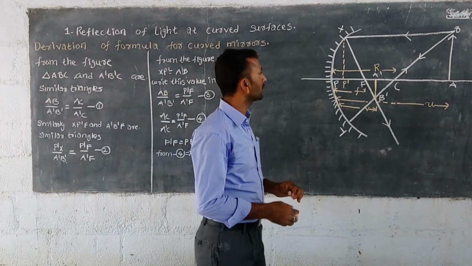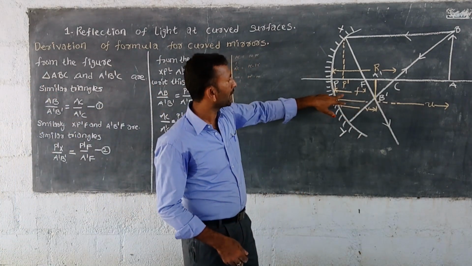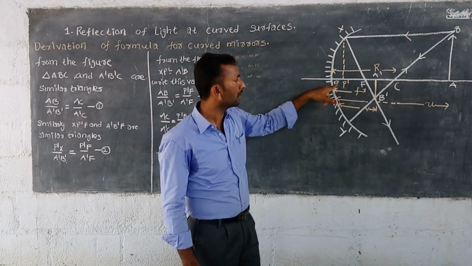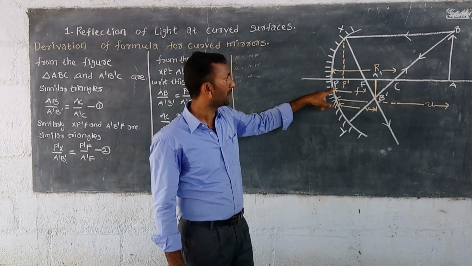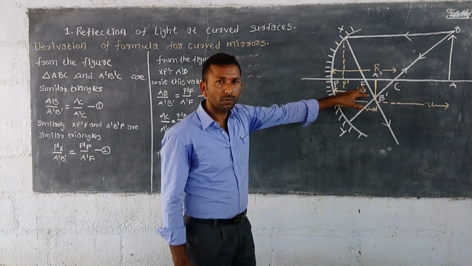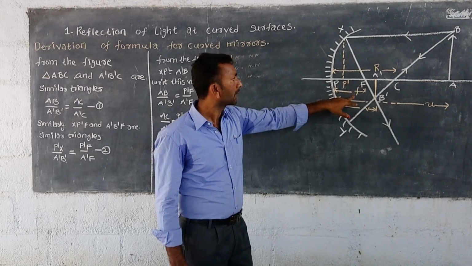And here we have some values. What are those values? The PF value, the distance between the focal point and the pole of the mirror, is called the focal length, indicated by small f.